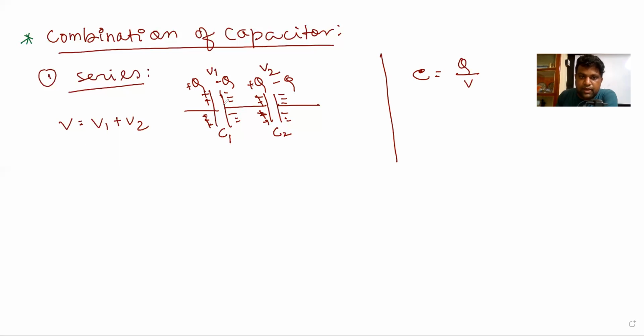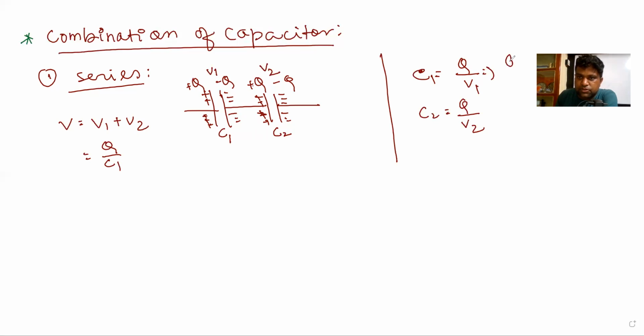So here C1 equals Q by V1, as the same charge is there on both the capacitors, and C2 equals Q by V2. Now instead of V1, I can write Q by C1, because you just have to cross multiply.